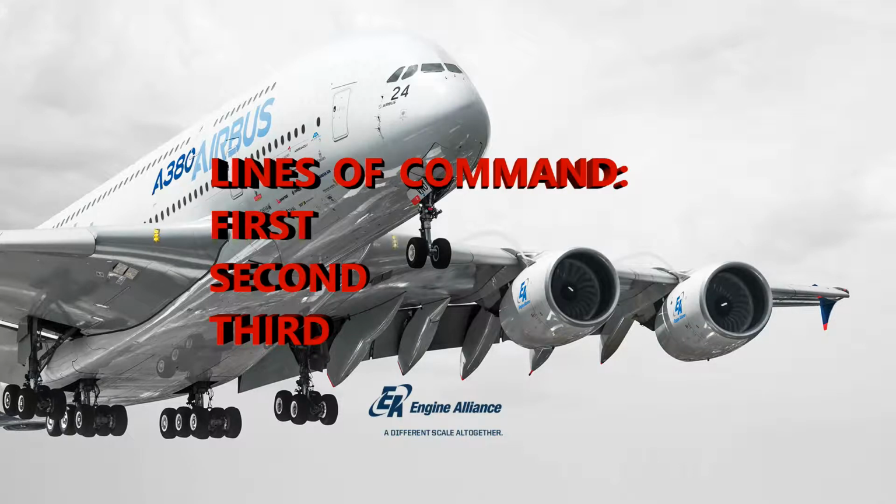Now, if there's some reason that the primary computer is not operating, then you have two set computers that are going to take over. Remember, we always, for the most part, have redundant systems, and we certainly have them here. The third line of command is going to be controlling that independent locking system.